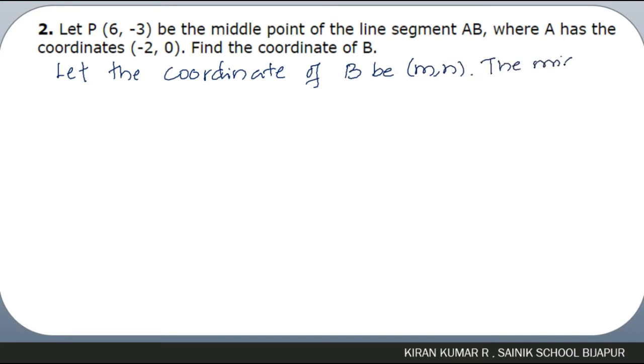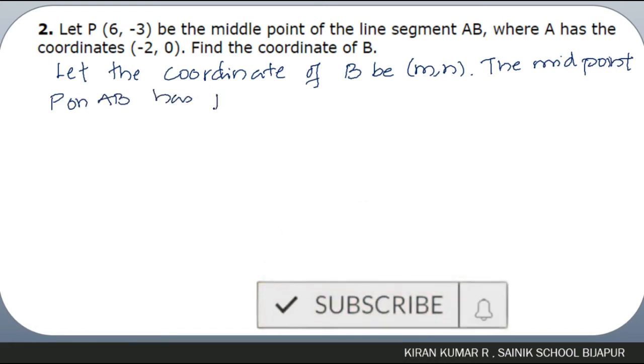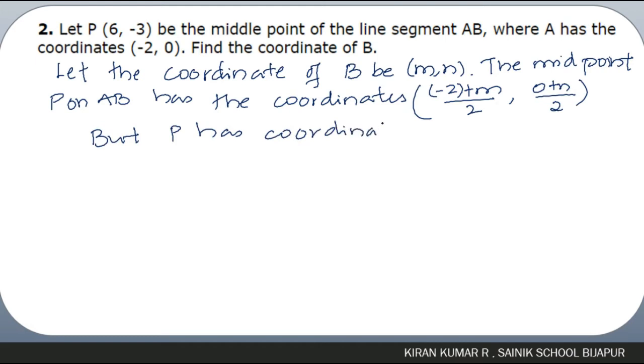The midpoint P on AB has the coordinates (-2 plus m) divided by 2, (0 plus n) divided by 2. But P has coordinates 6, -3. So we can equate.